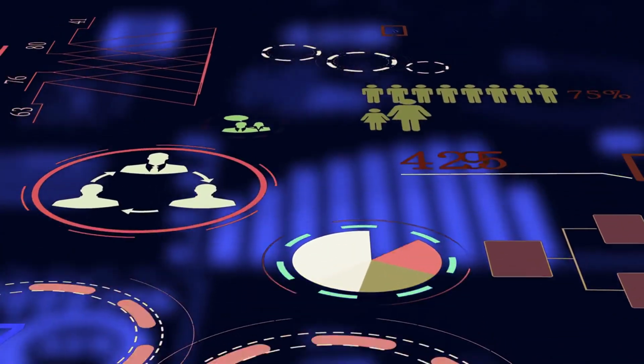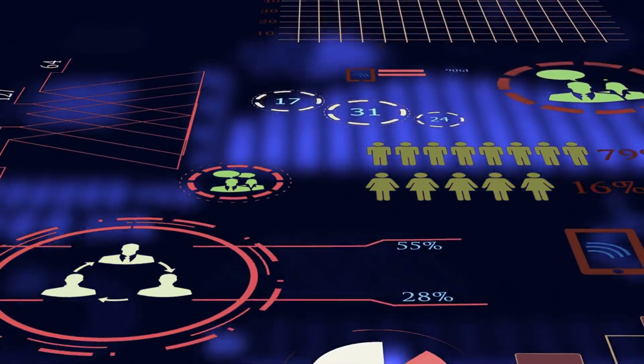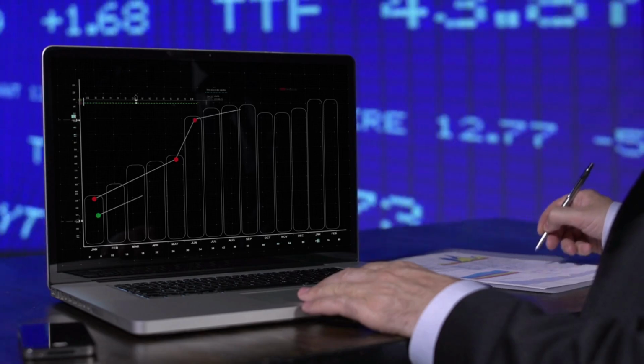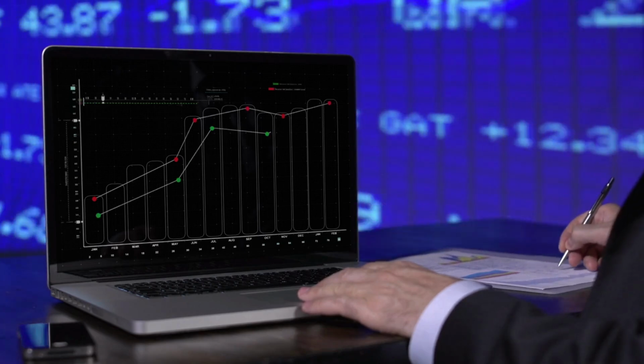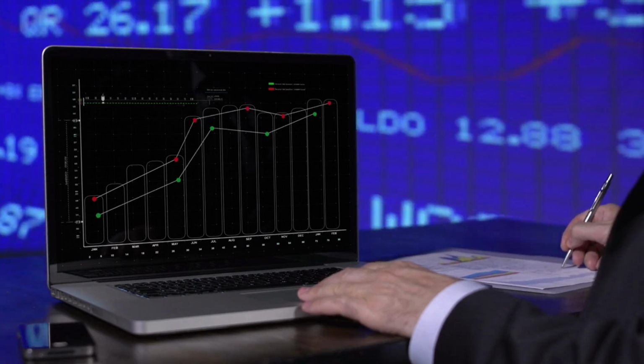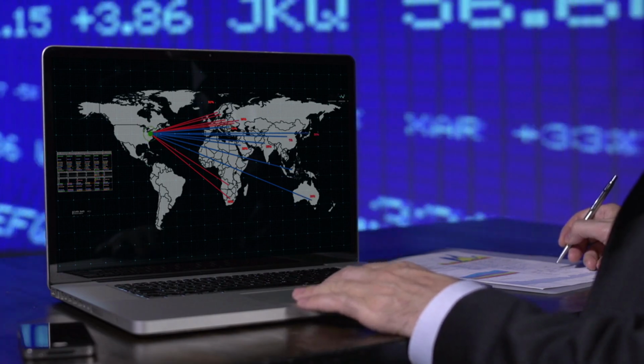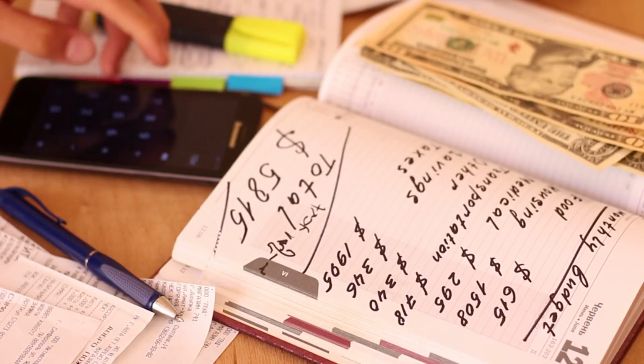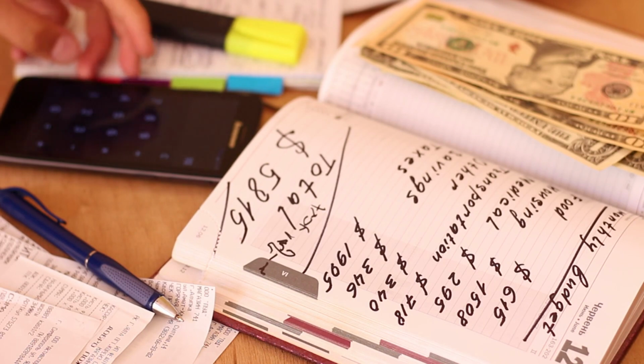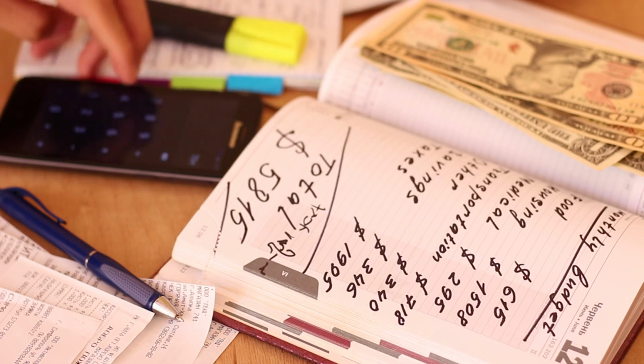Capital expenditures are another factor that can impact cash flow. Capital expenditures refer to investments in assets such as property, equipment, or technology. Effective capital expenditure management involves prioritizing investments, evaluating returns on investment, and exploring alternative financing options.